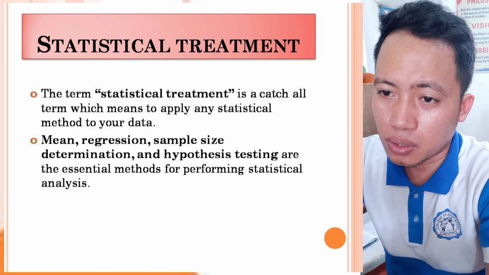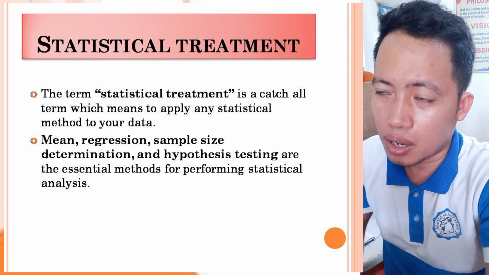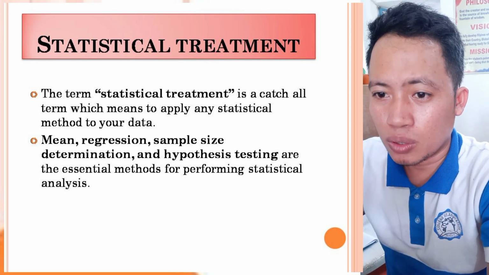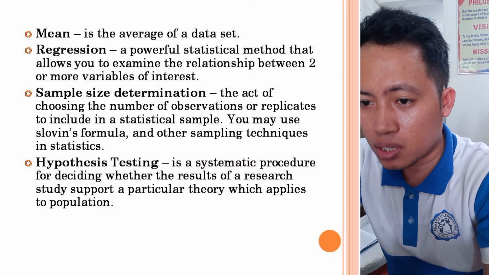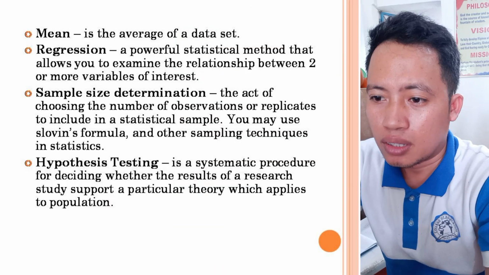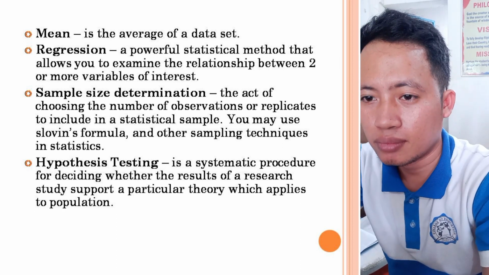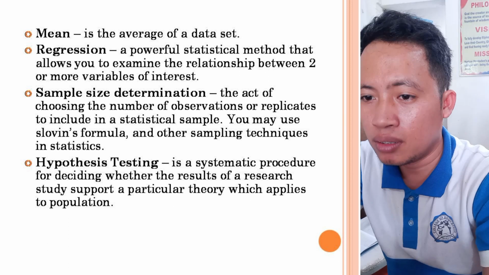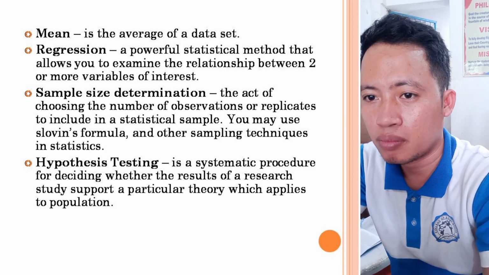You need to interpret your data through the use of statistical tools. And let's unlock first 4 essential statistical treatment analyses. We have mean, regression, sample size determination, and hypothesis testing.